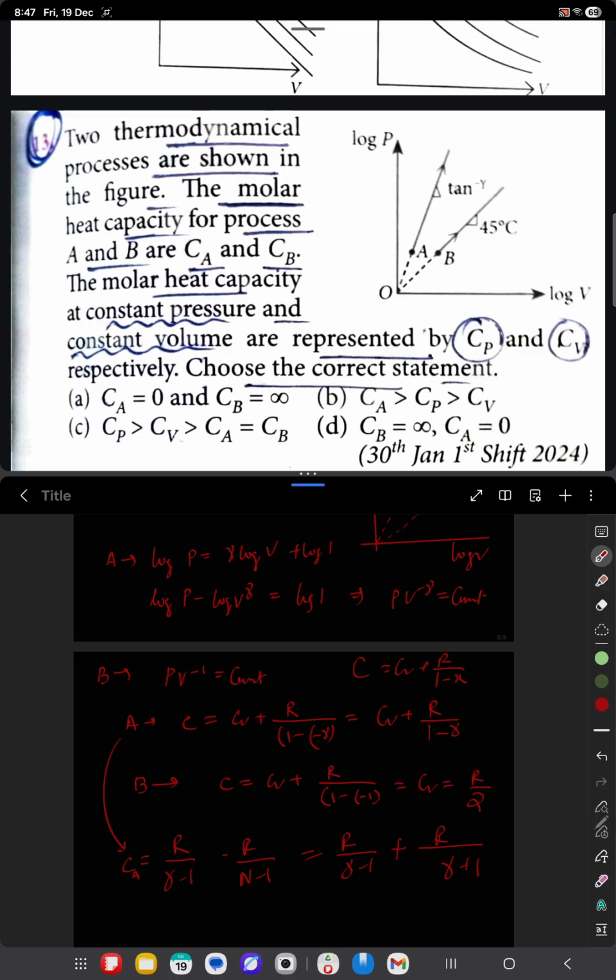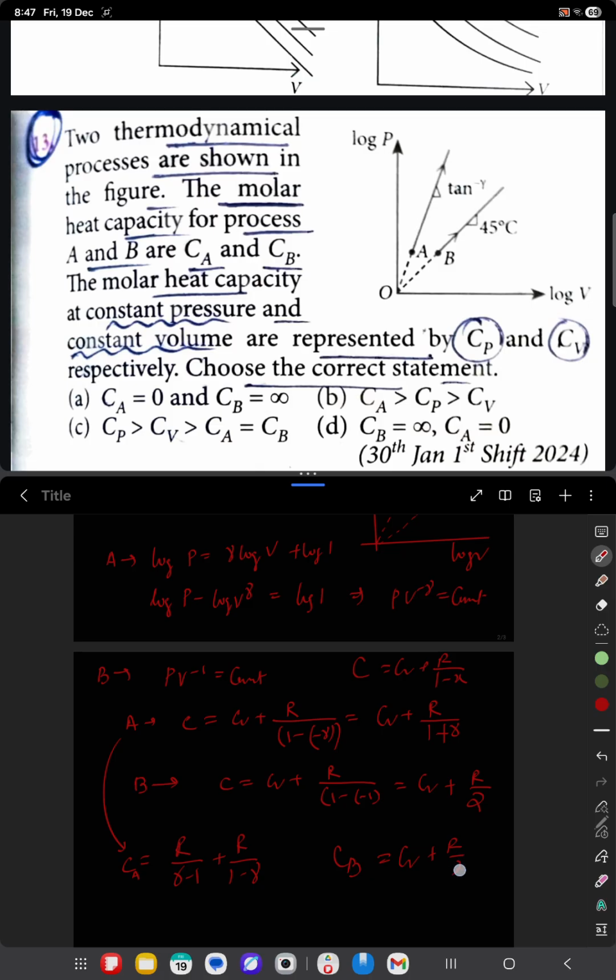So this was becoming 1 plus gamma. So CA is equal to R by gamma minus 1 plus R by 1 minus gamma. This is CA. For B, CB is equal to Cv plus R by 2.